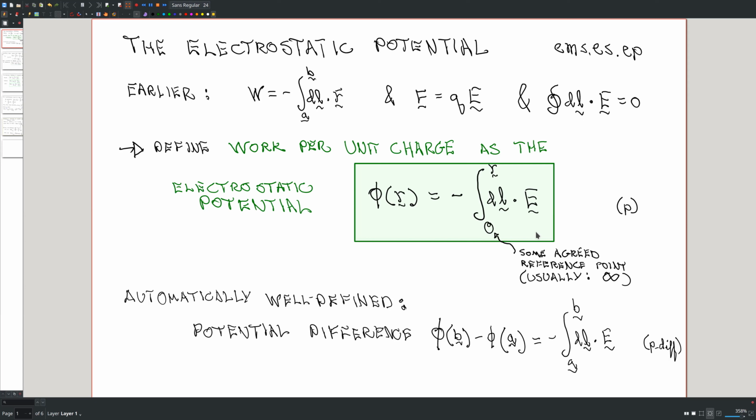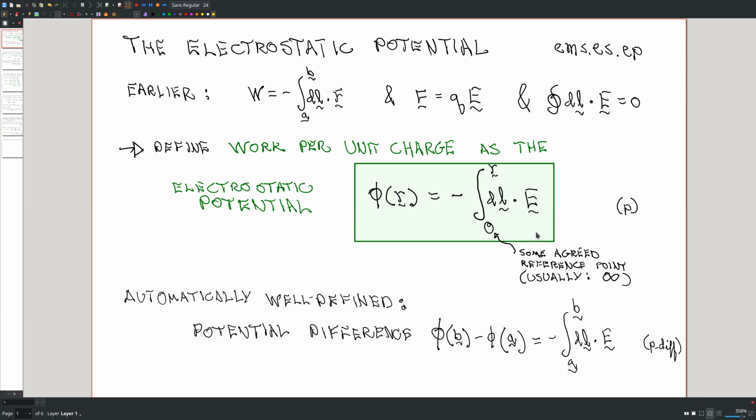Namely, if you give me an origin, a reference point, and you give me an evaluation point, then I will be able to compute this value according to my choice of the path linking the origin to that point. Right? I can just do an integral which goes straight up to the point like that, or I can decide to go putz around the other way, come back, and then go to the same point.